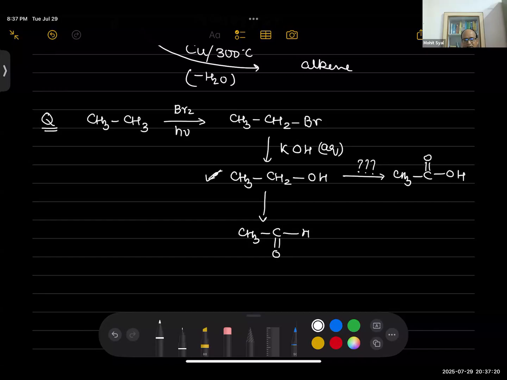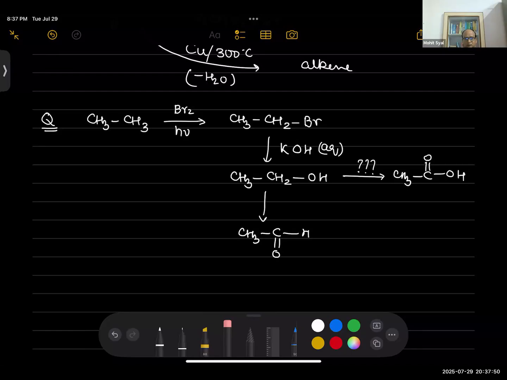For this conversion, what reagent should we use? Tell me quickly, all of you know this is what? This is oxidation. Is it mild or strong? Ibrahim, tell me quickly. You can see the number of oxygen atoms.